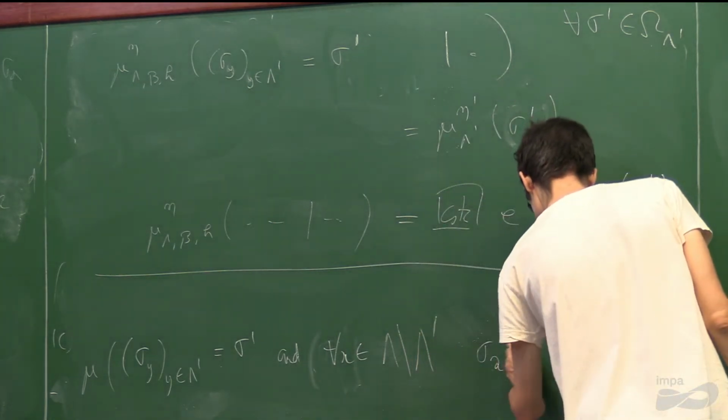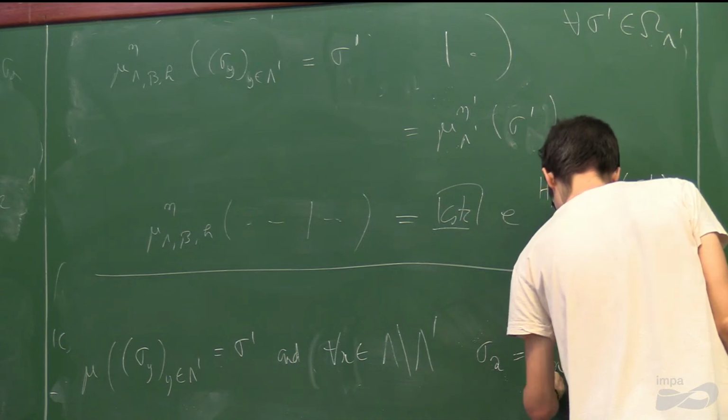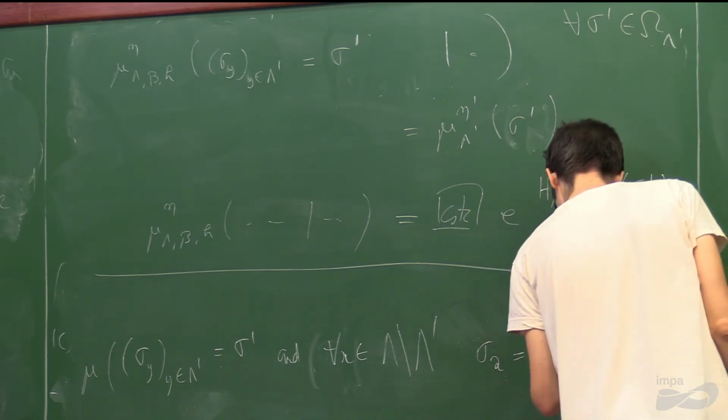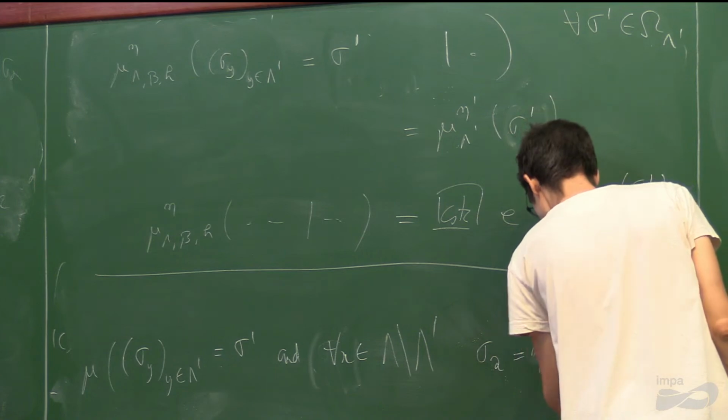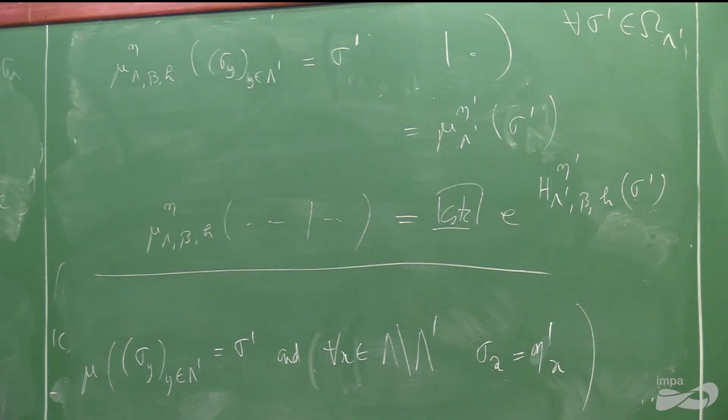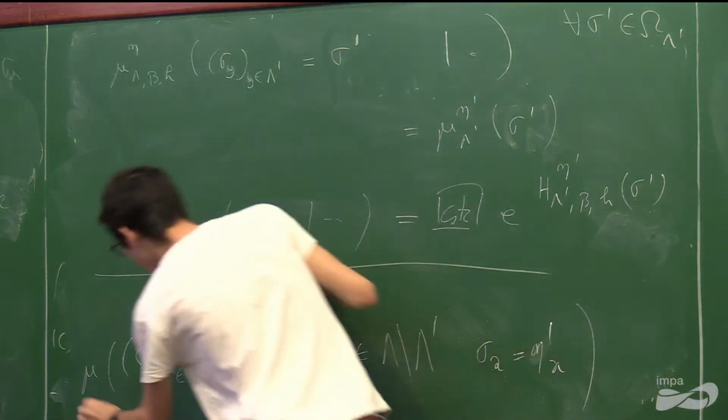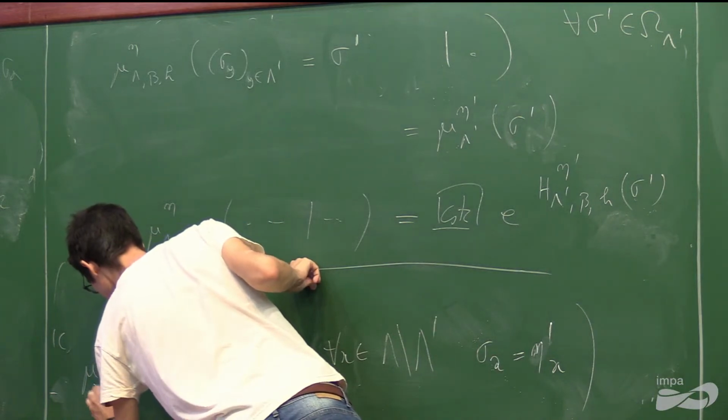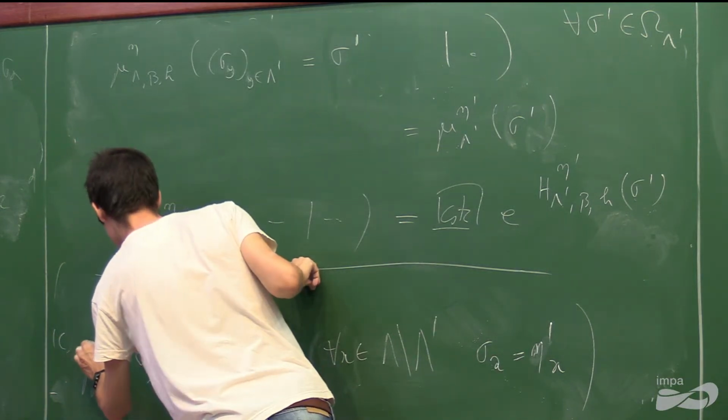Now these intersections completely determine the configuration in omega lambda, so I just have to look at the weight of this configuration.